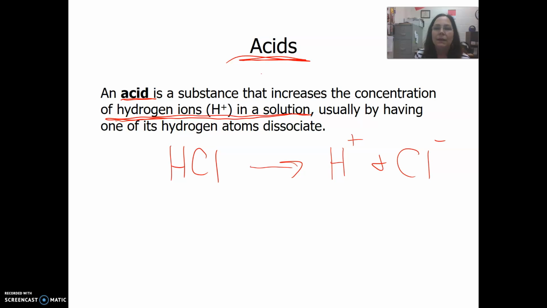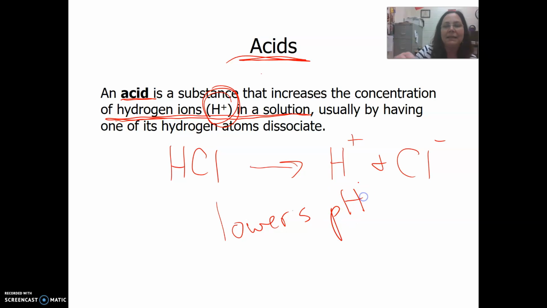And that is why we say that acids donate hydrogen ions, because when that hydrochloric acid dissolves in water, it splits up into hydrogen ions and chloride ions. So it increases the hydrogen ion concentration in the solution, and it lowers the pH. Anything that adds hydrogen ions to the solution lowers the pH and makes it more acidic.